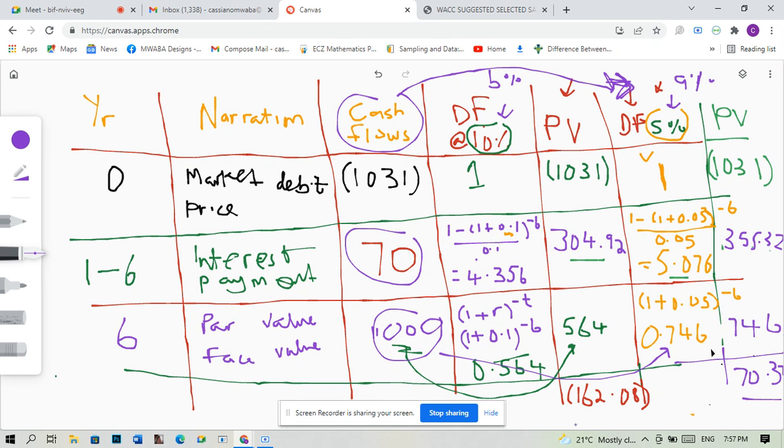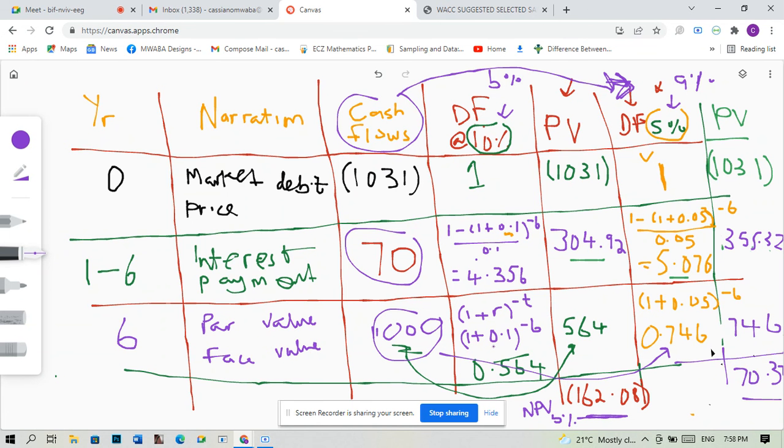Then our NPV B% is going to be represented by this 162.08.